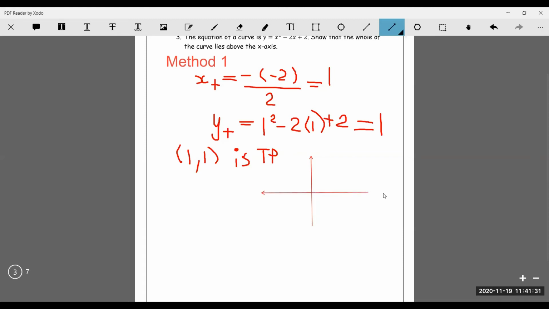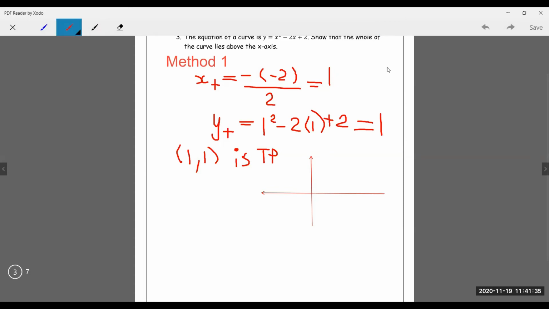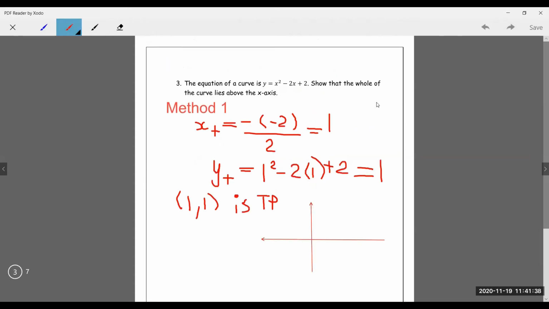This is our quadratic, x squared minus 2x plus 2. It cuts the y-axis at positive 2 and it turns at (1, 1). So let's say this is when x is 1, and this is when y is 2.